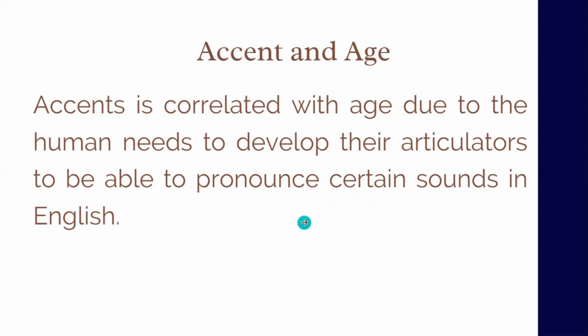The same is true for the R sound. Children at a very young age cannot produce those sounds too. And then throughout their development, the more their articulators develop, the more teeth they have, they will be able to learn to pronounce all the sounds in a second language, especially English. Okay, next slide.